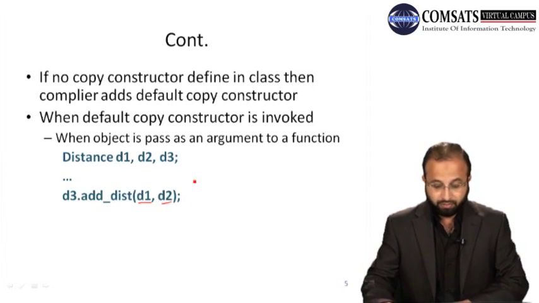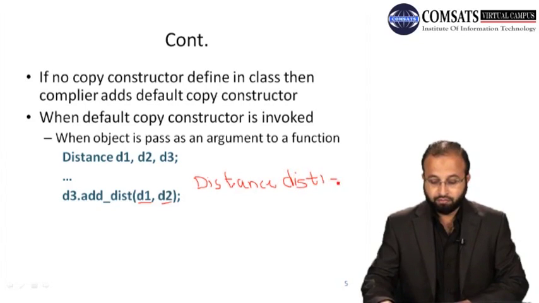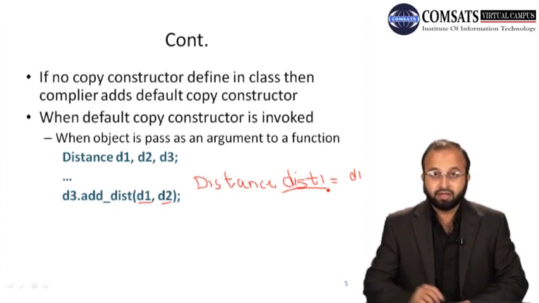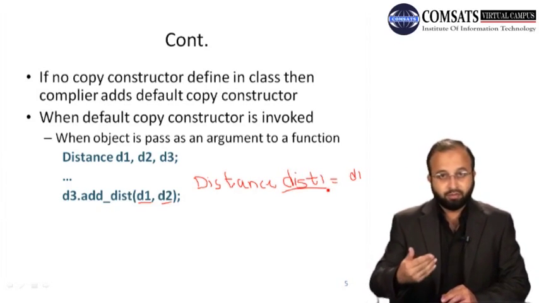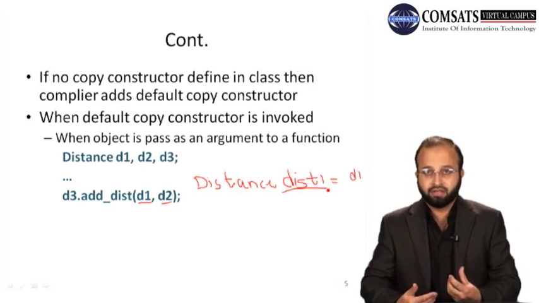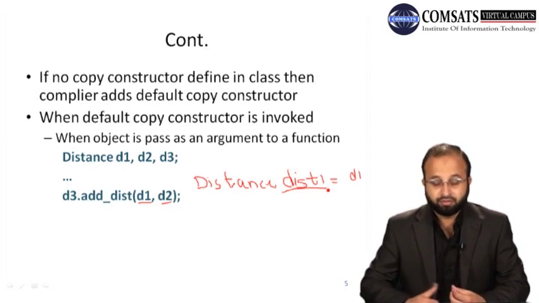So the function call internally becomes a statement like this. I hope you agree. Let me write it. Distance dest1 is equal to d1, right, where dest1 is the name of the first parameter of the addDest function. So internally the statement becomes what I have written in front of you: the value of d1 will be copied into dest1, and at the same time the dest1 object is also created. Now in that case the default copy constructor will be called, right?